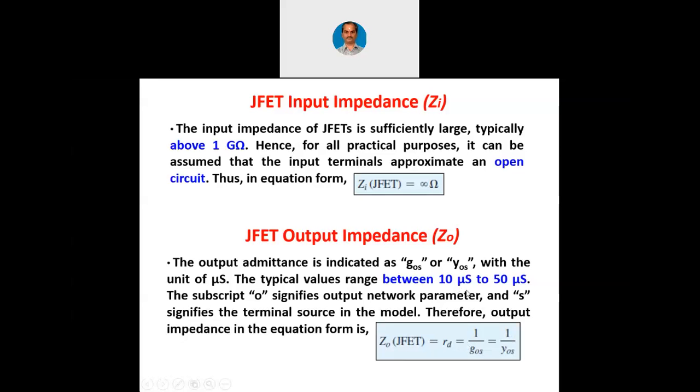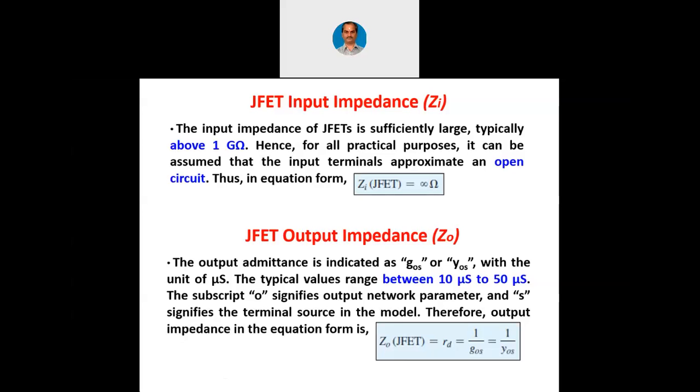Now you can see 10 microsiemens, 1 over 10 microsiemens, 50 microsiemens, 1 over 50 microsiemens. Is it lesser or larger? Now the thing is, admittance is lesser, impedance will be larger. In fact, in the case of JFET, as it is a reverse biased junction, I had told you in the case of BJT also that the collector junction is reverse biased.